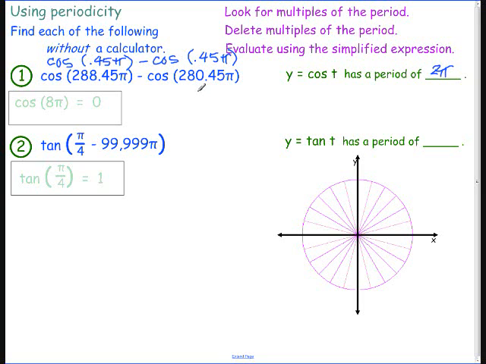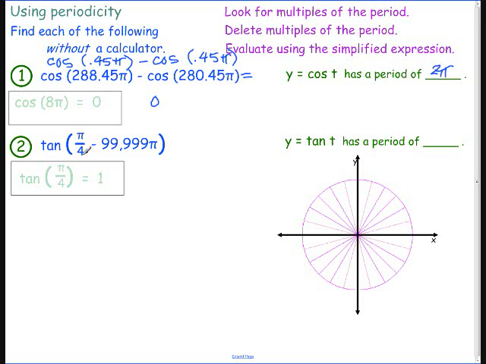Ooh, well that's interesting. Now these are even. So I end up with 0. So the answer to this is 0.